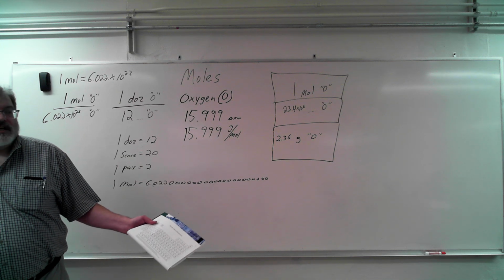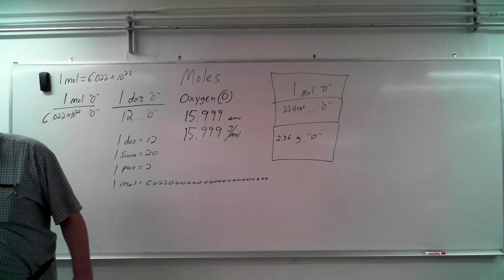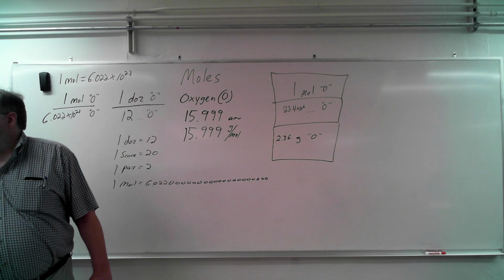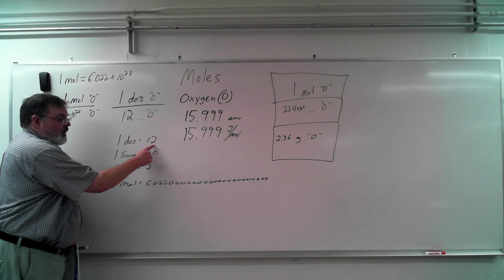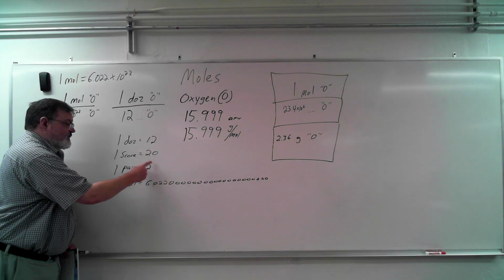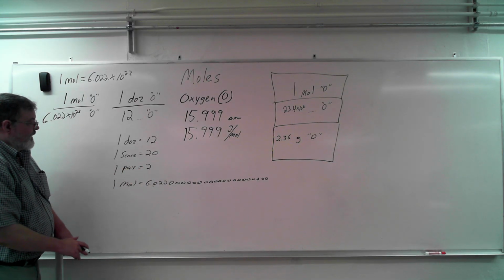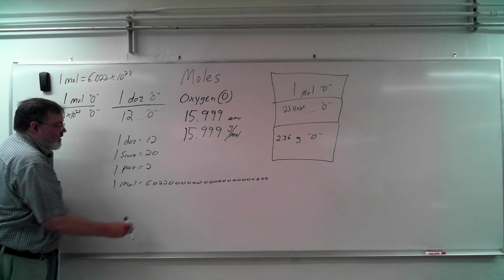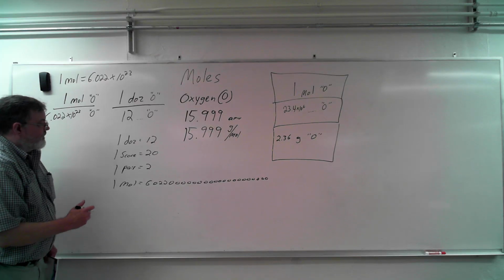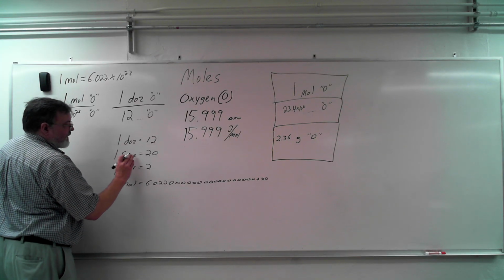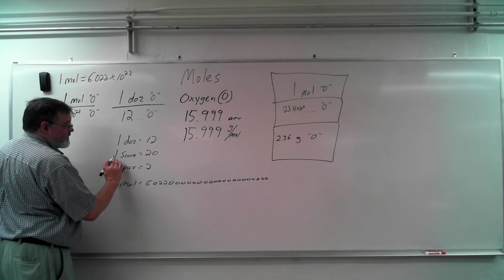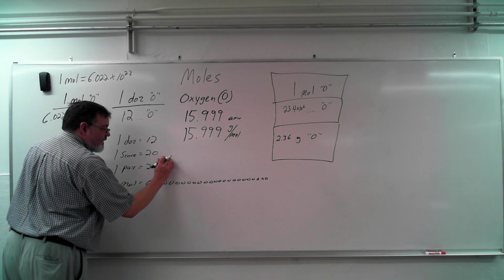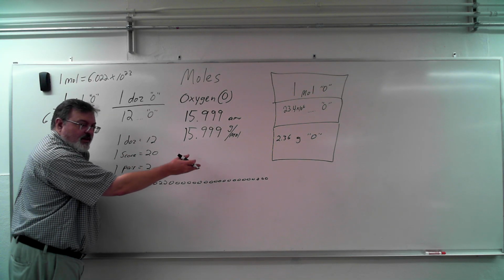I just said go count the cars. If I said dozen, then you come back with dozen. If I said score, you'd be dealing in this number. If I said pair, this number. And I wouldn't say mole to count cars, but it's the same idea: 1 dozen something is 12 something. One score of something is 20 something.